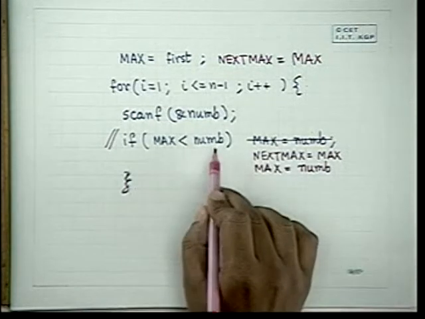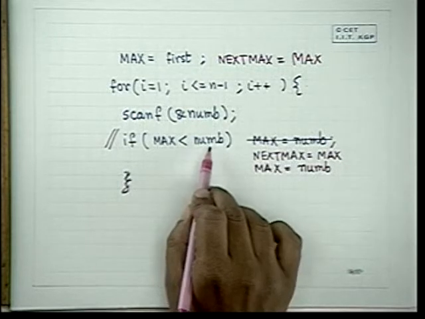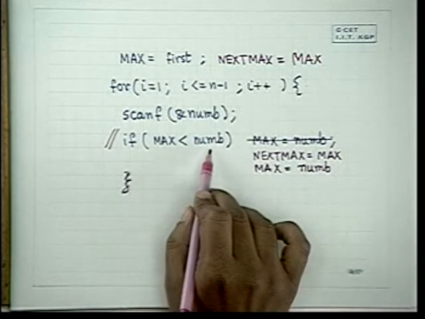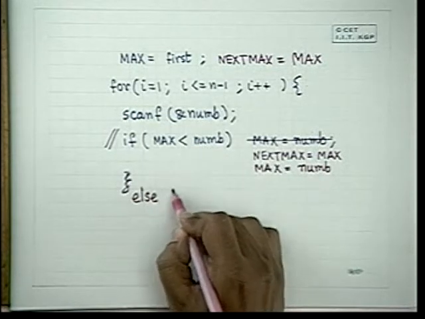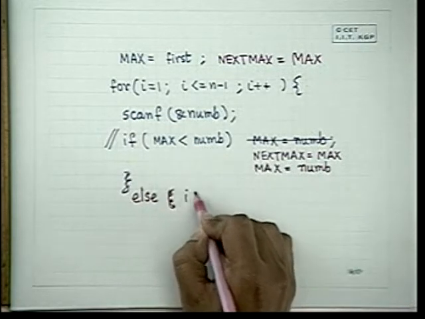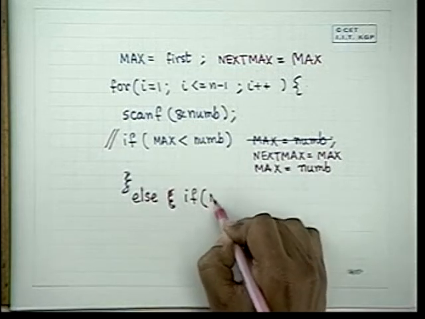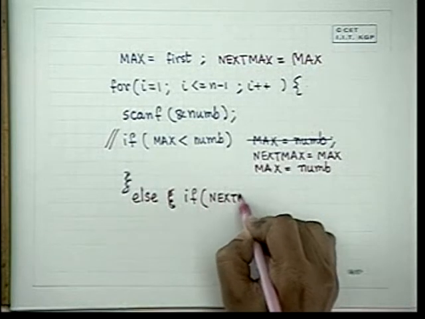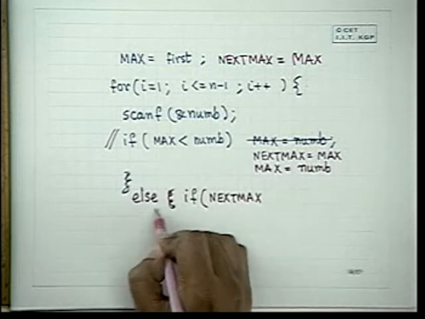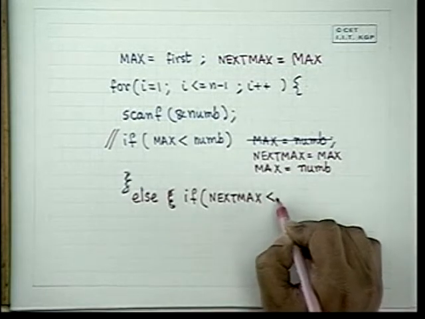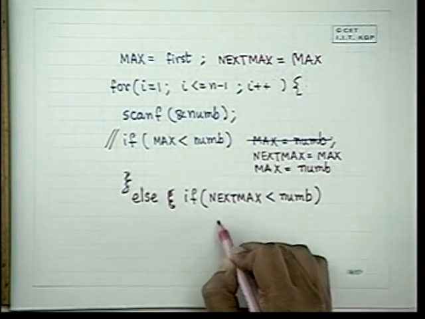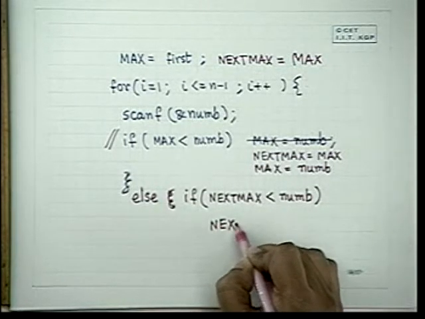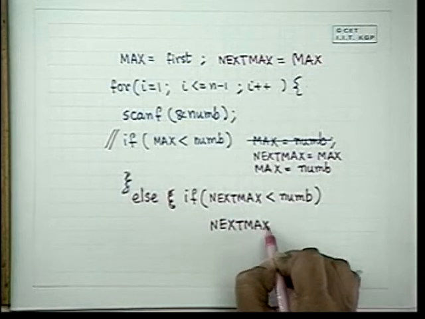If this is not the case, then this number may be still greater than the second maximum. So what you do is you write an else, and then you write the if next max is less than num, then you just assign next max to num, because max remains unchanged.